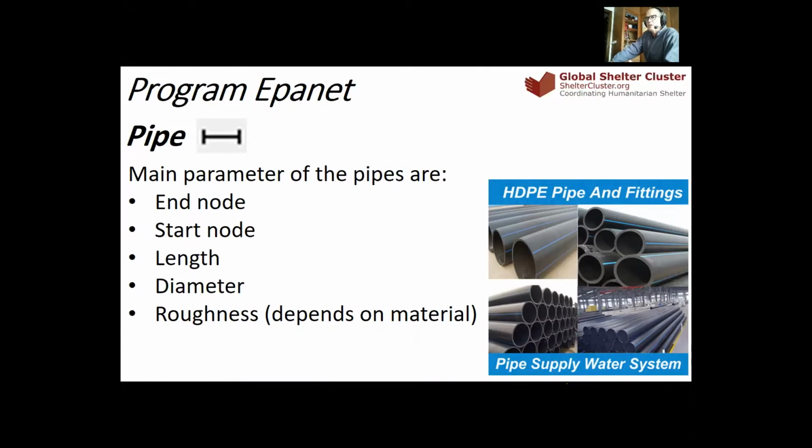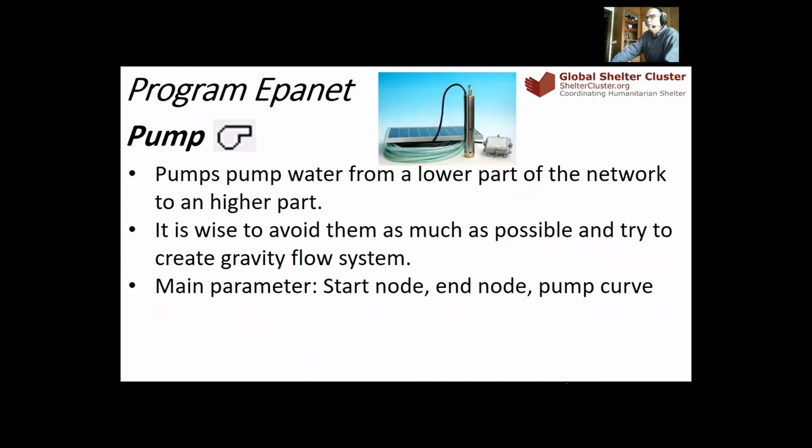So like I was telling you, the parameters for the pipes are start node, end node, length, diameter, internal diameter, and the constant roughness element, depending on the material. And then you have the pumps. The pumps in EPANET are inserted between two junctions. It's not to be considered like a junction.